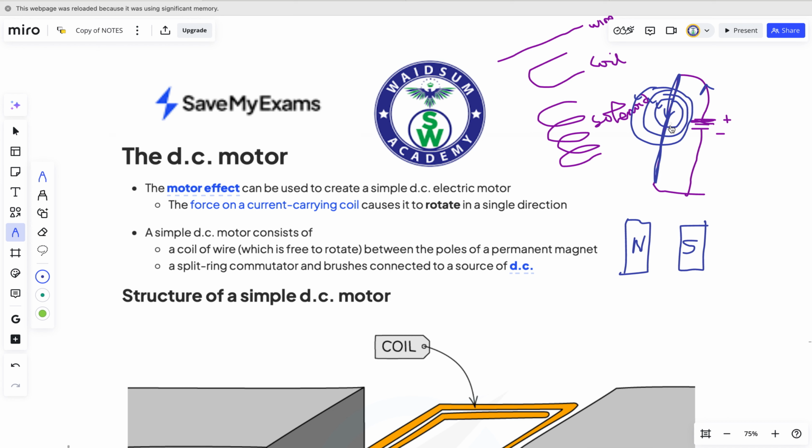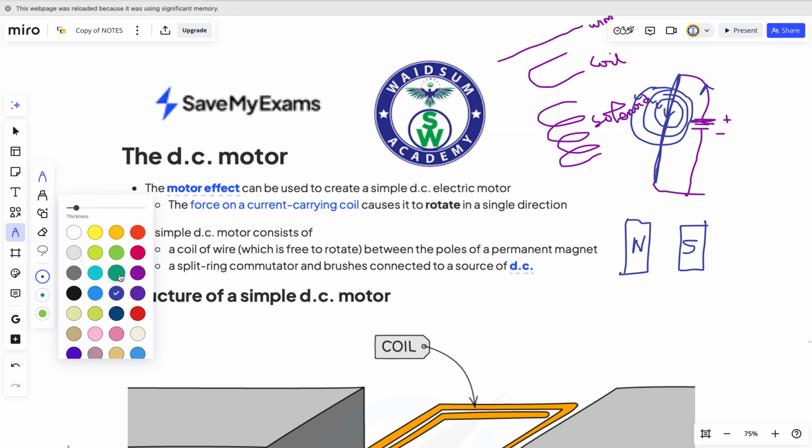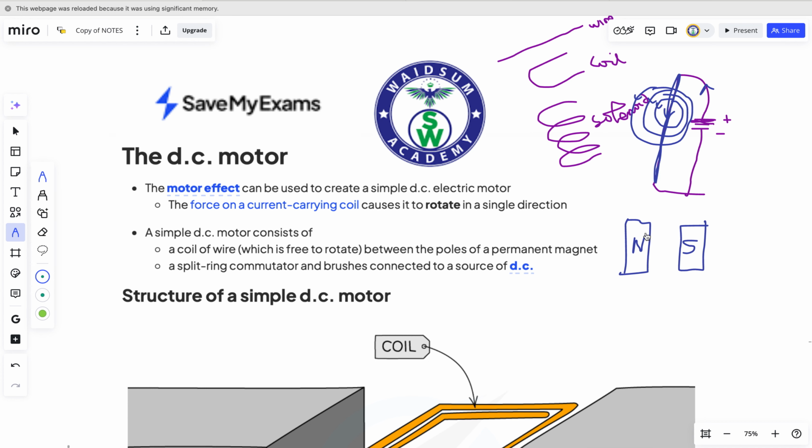In the case of a current-carrying wire, we say magnetic fields are produced here. Then, when we bring magnets, magnetic fields are also produced by default, from the north pole to the south pole.